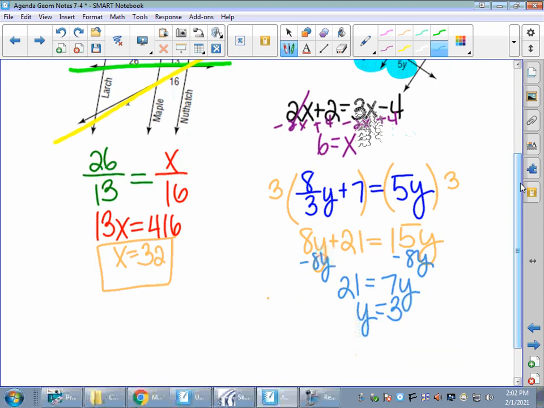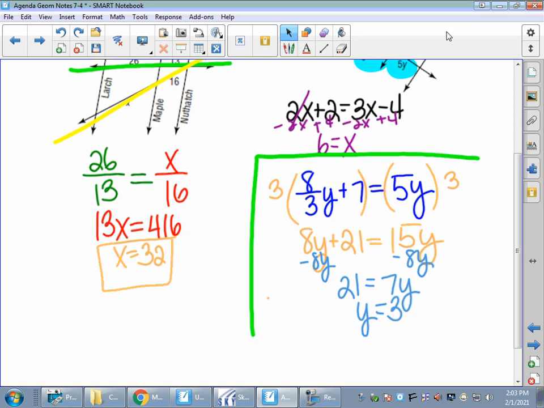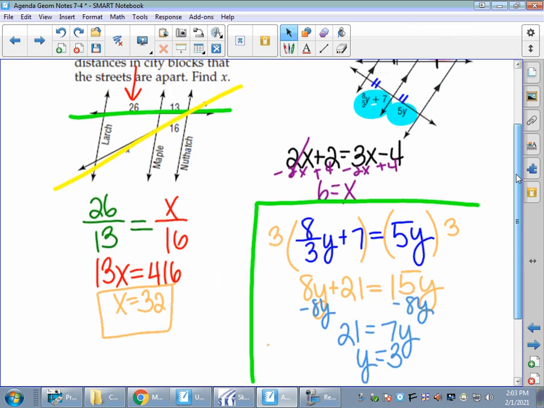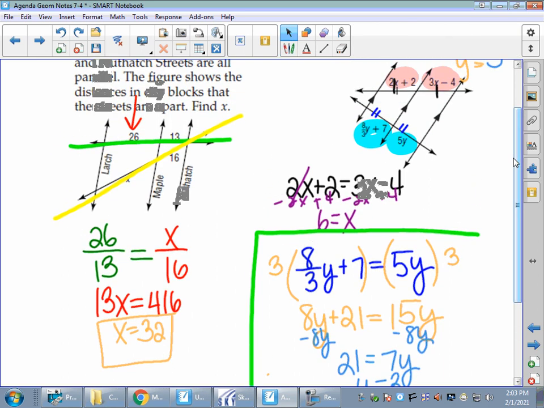So 2 problems, one super easy, one a little bit more thinking, but remember, you can always get rid of the denominator. I wanted to make sure I showed one where we needed a proportion right next to one that we have congruent. The reason we could do that last one with congruent was because these two top pieces were marked congruent on the diagram. Therefore, I know they're equal. Therefore, I know the other two with the y's are equal.